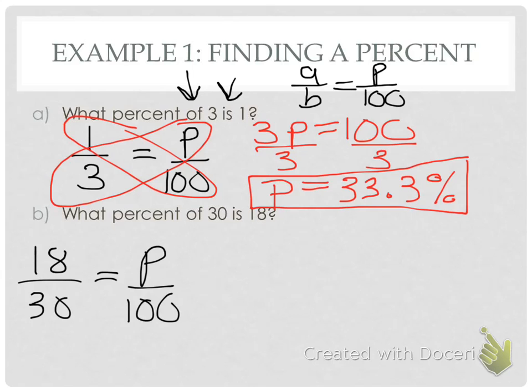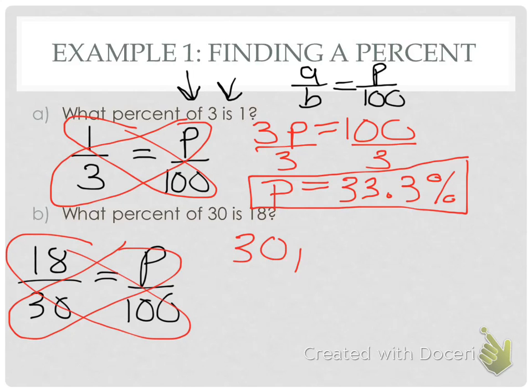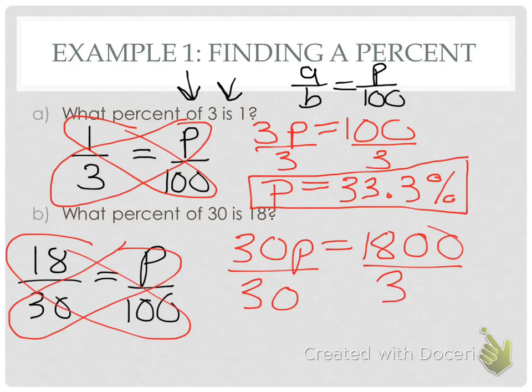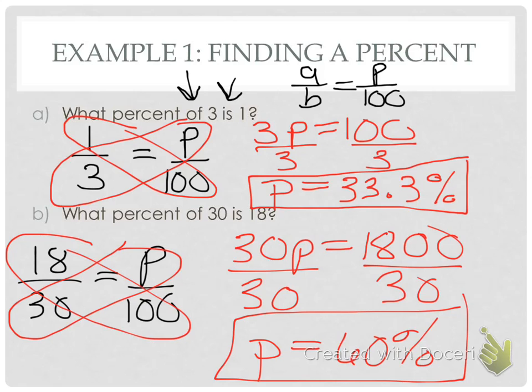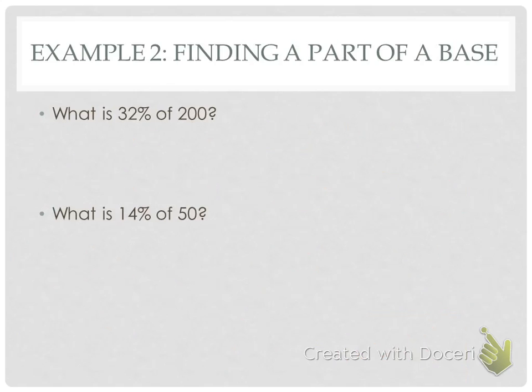Now you can use your cross products to solve the proportion. 30P equals 1800. Divide both sides by 30. P equals 60%, because I'm looking for a percentage. So that's how we find the percent part of the percent formula.